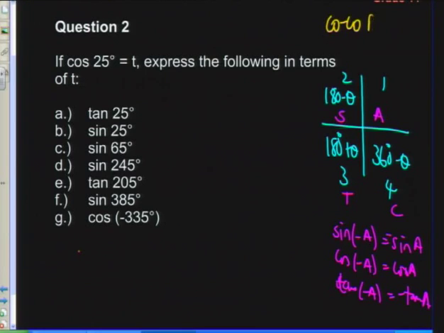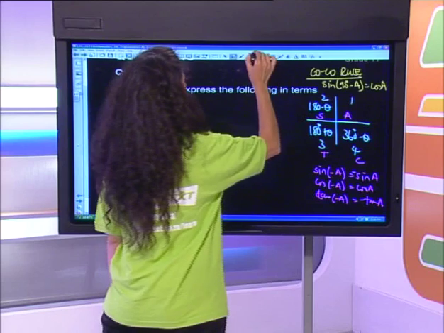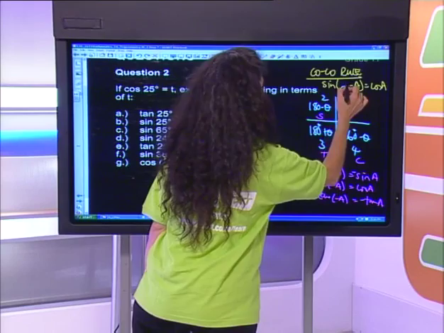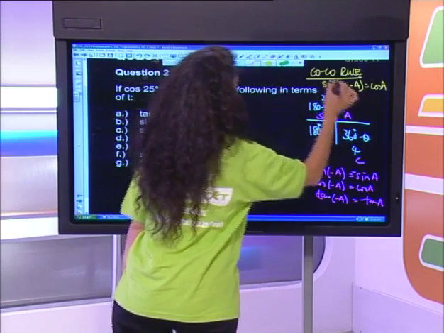So our CoCo rule says that if I have a sine of 90 minus A, then it's going to be the same as the cosine of A. So those two angles add up to 90. That doesn't look very well written. Let's just make this a little bit more legible.